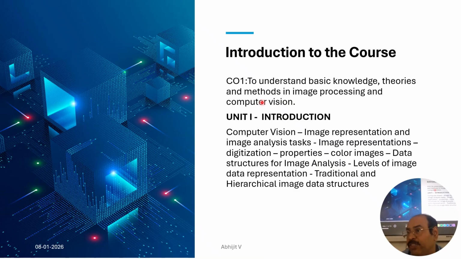Basic knowledge: why we are studying computer vision, what is computer vision, how an image is represented, what the image analysis tasks are, and how to digitize an image, properties of an image, data structures. These are all important areas where you need to really concentrate, right? You have huge scope for research activities. Different levels of image representation, traditional and hierarchical image data structures.